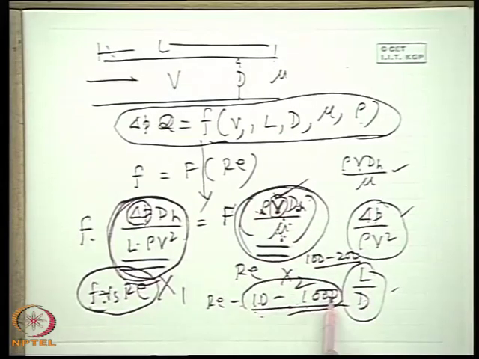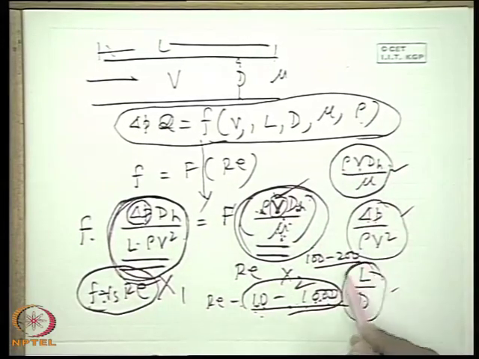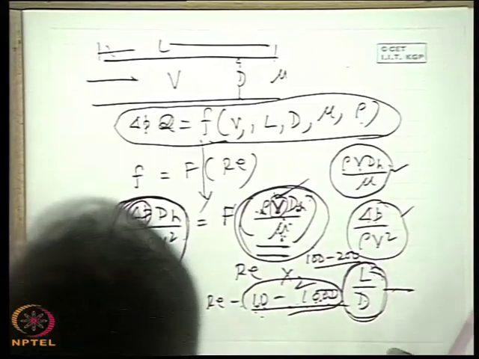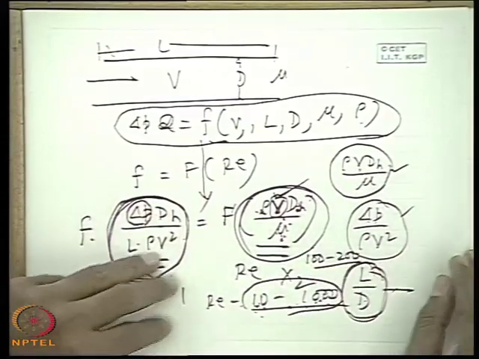But the range of Reynolds number has to be made the same so that we can make the dynamic similarity, and at the same time the L by D ratio has to be the same because the geometric similarity has to be maintained.